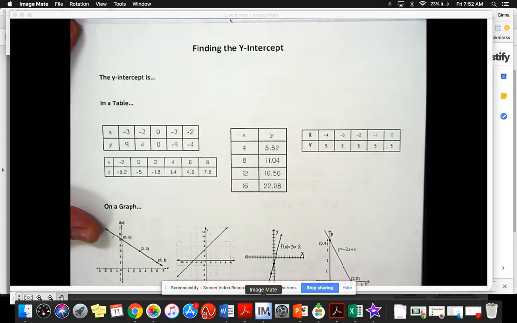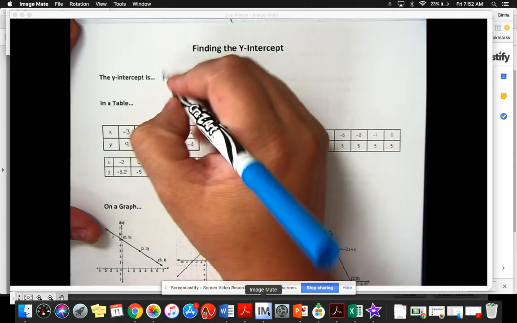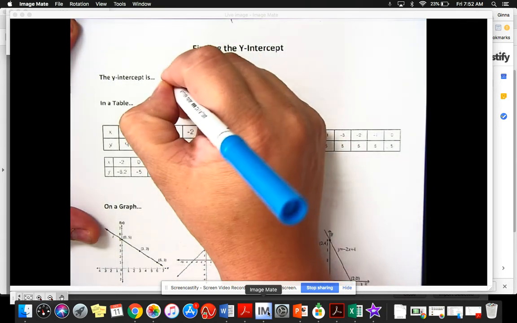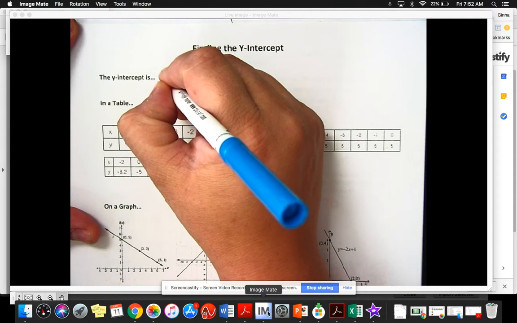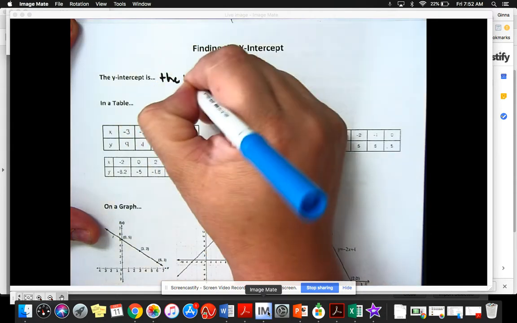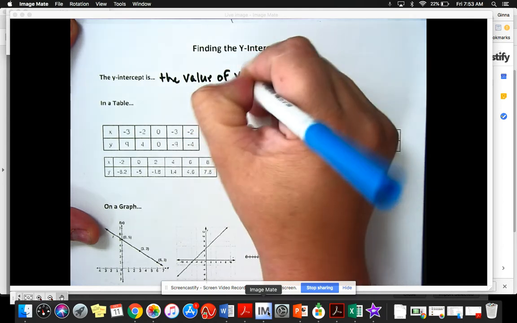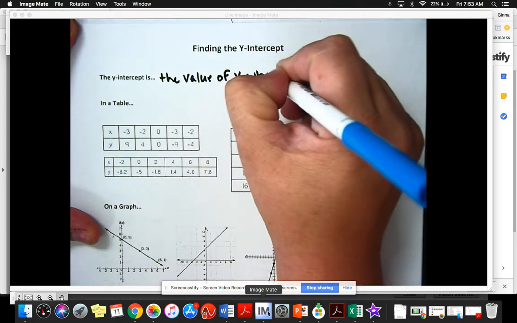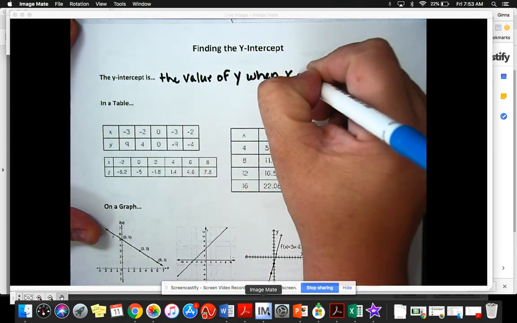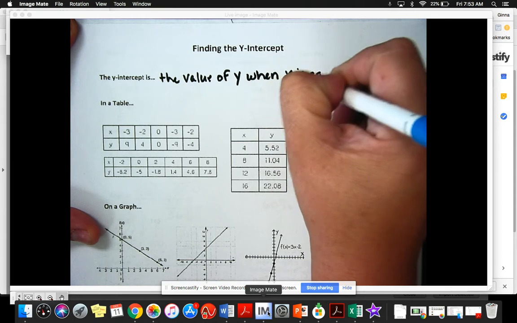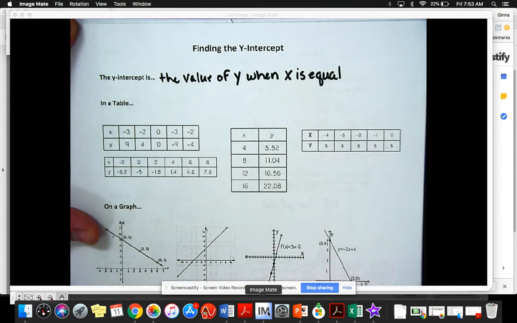So the y-intercept is the value of y when x is equal to 0.